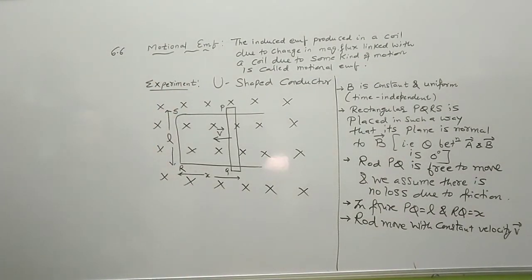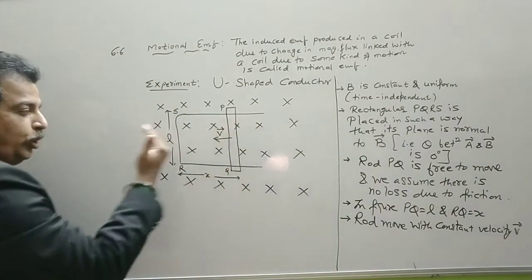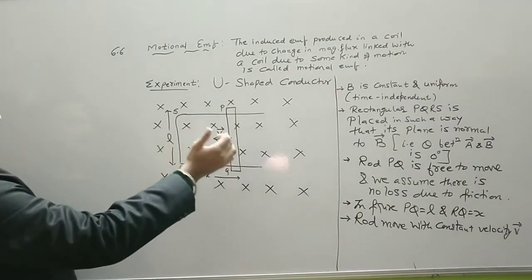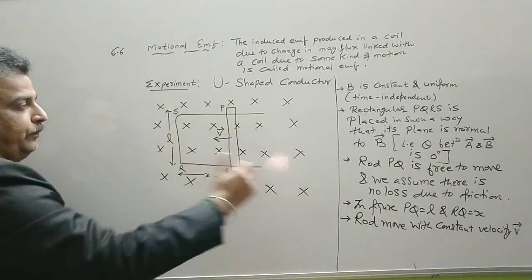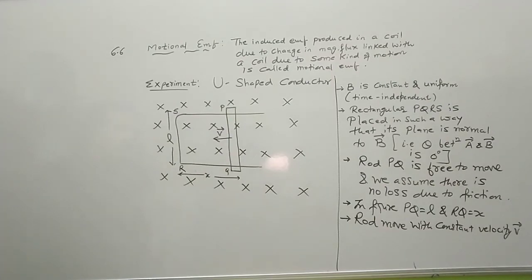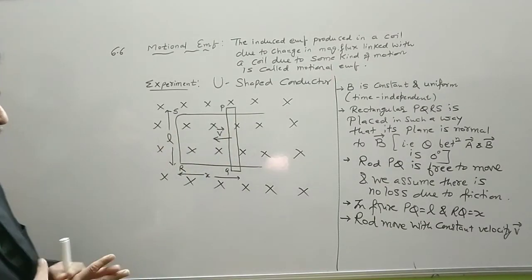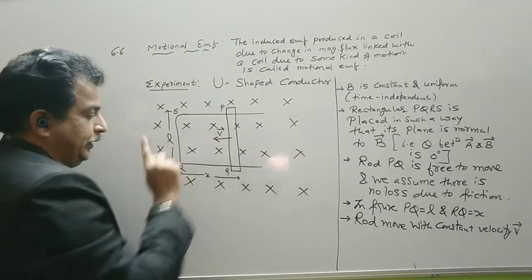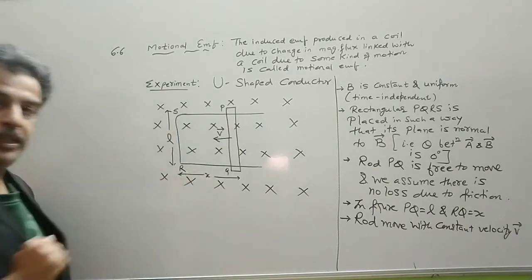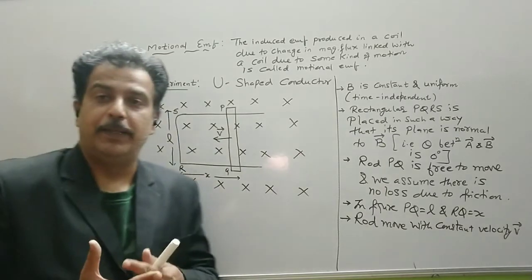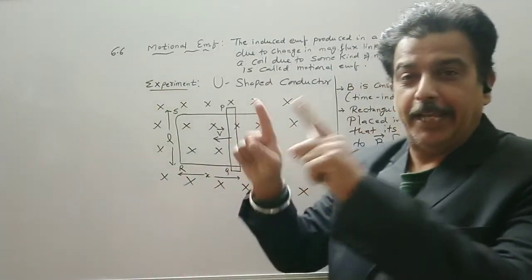So we have to do the mechanical work. We move the rod on the U-shaped frame, inward. So when you move the rod, X will change. X will change, which means the area enclosed by the loop changes.